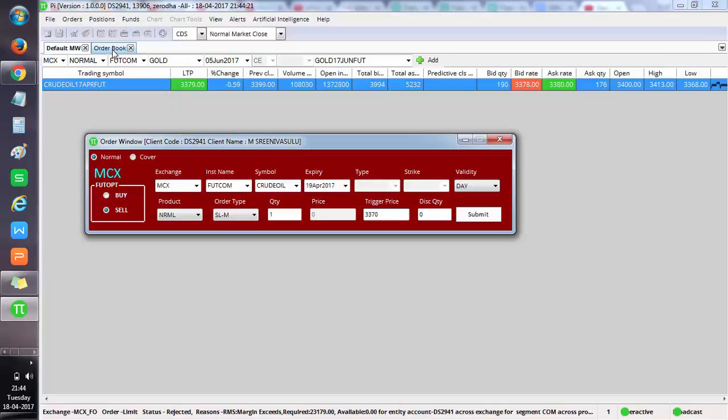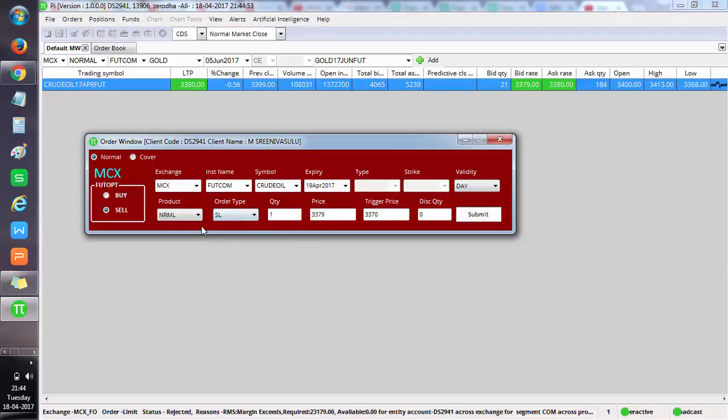It is possible, especially on days when we have crude oil inventory or such data. On those days you will find more volatility, right? So these things can happen, and in such cases you may incur more losses. So what you need to do is, instead of selecting SLM, you have the option of selecting SL.